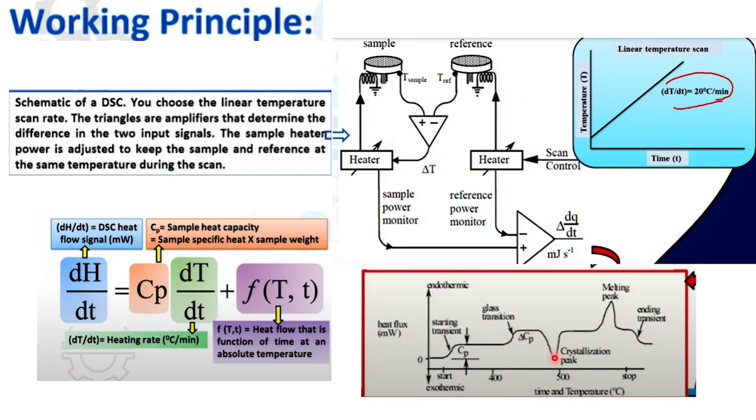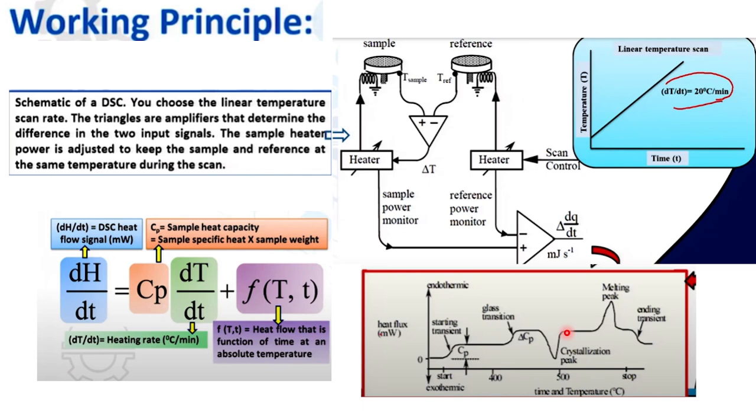The third one is the crystallization peak. Since crystallization is an exothermic process, when a material is crystallizing, it is releasing heat, and the peak will go in an exothermic direction.